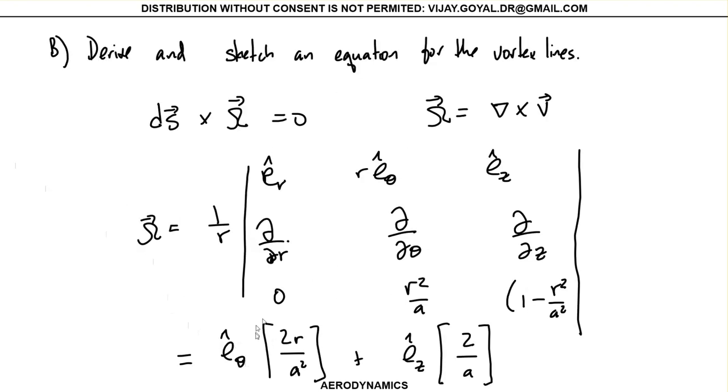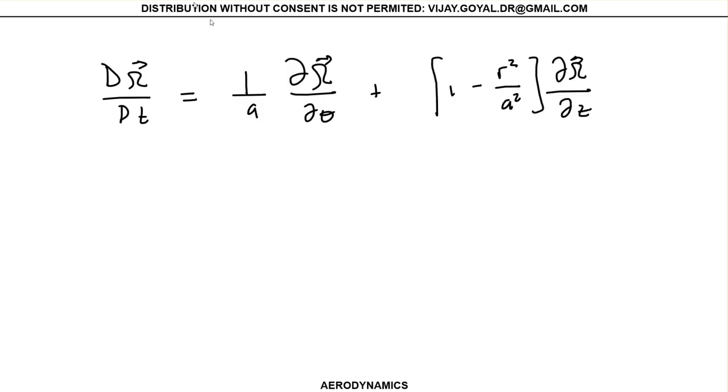It's right here, right? This is a function of r. This is a constant value. Okay, so this is a constant value. This is a function of r. There's no z here. So therefore, since there's no z there, this term goes to 0. And you're only left with this term.